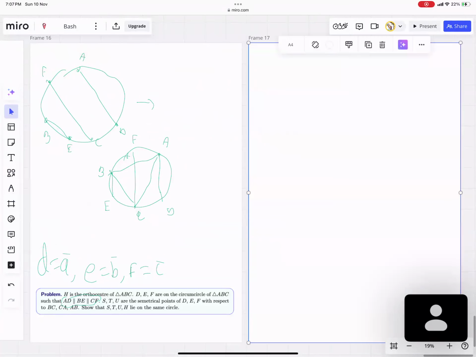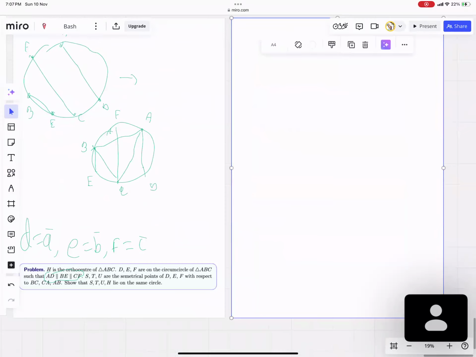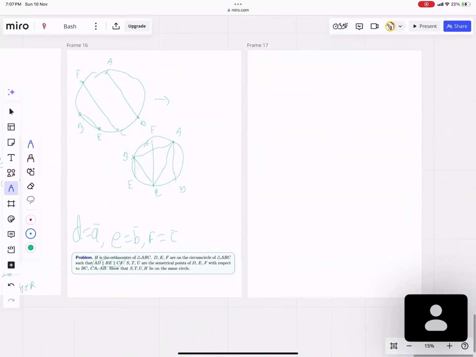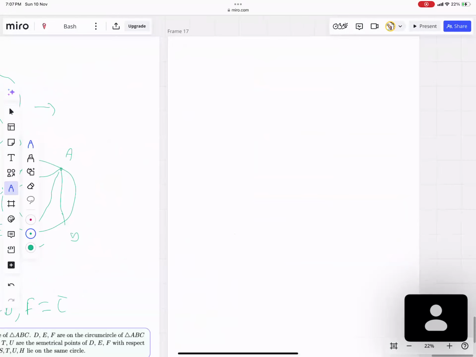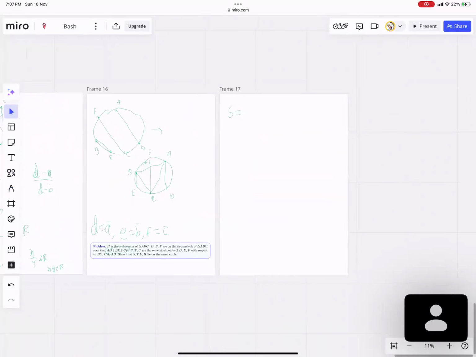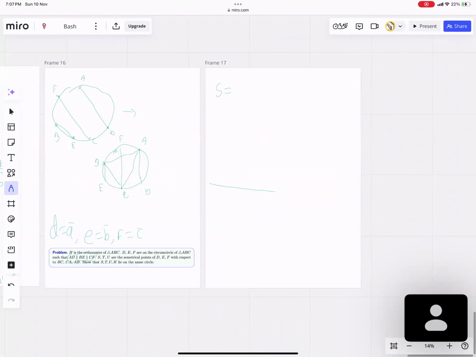So now what can we see? Now we must calculate S, T, and U. So firstly, let's say B, C are on the unit circle and X is some point. What would the reflection of this be?